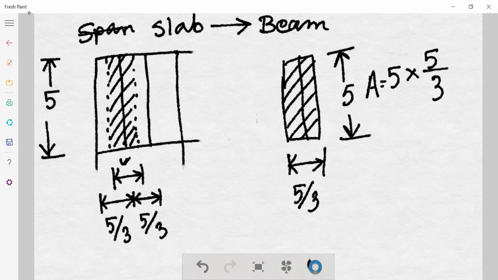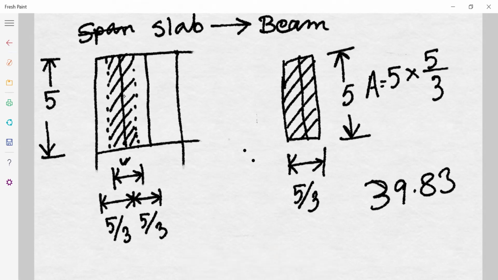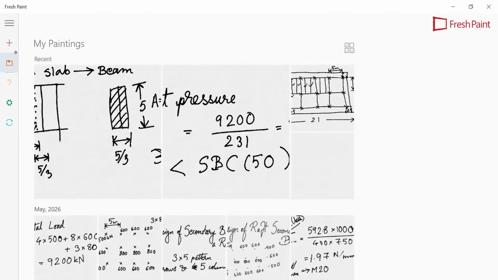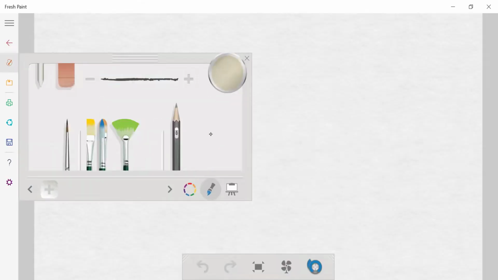Okay. Now we already got this upward pressure value. The upward pressure value was 39.83, right? So now this upward pressure, obviously for design purposes, we have to factor it. So if I have to factor it, how much value will it get factored?